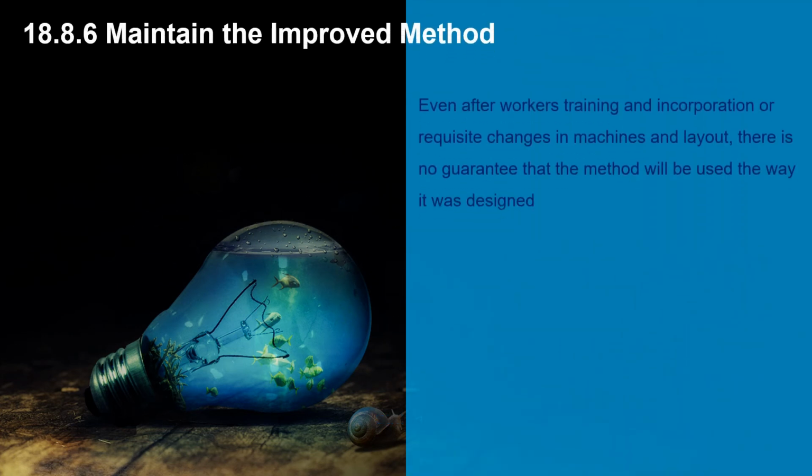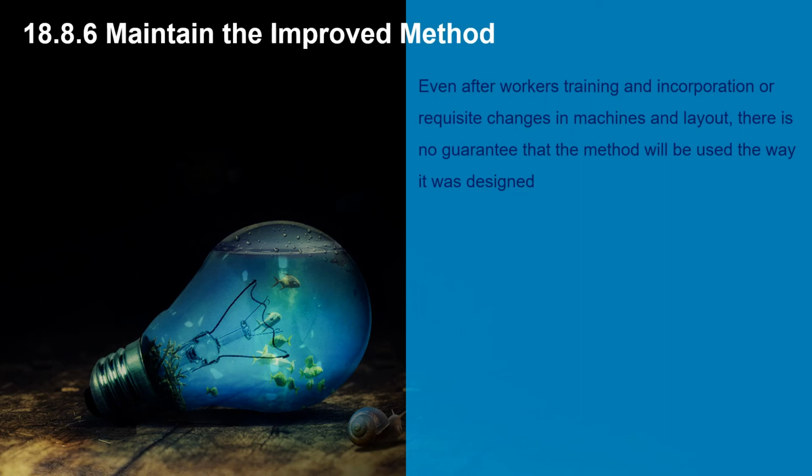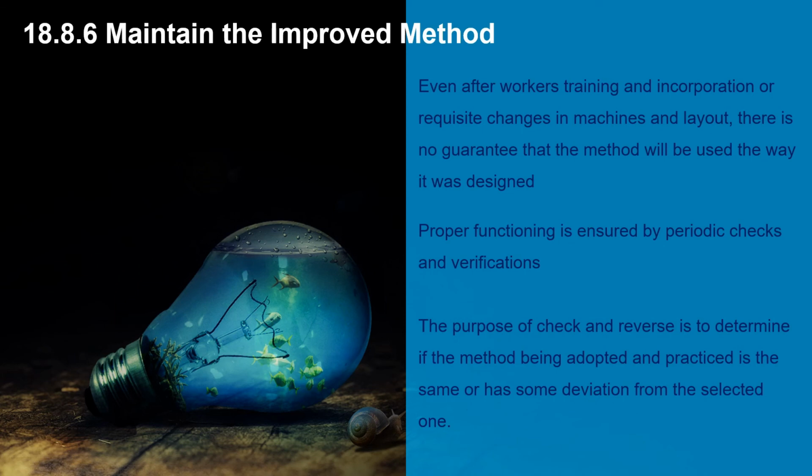Then maintain the improved method. Even after workers' training and incorporation of requisite changes in machines and layout, there is no guarantee that the method will be used the way it was designed. Proper functioning is ensured by periodic checks and verification. The purpose of this check and review is to determine if the method being adopted and practiced is the same as the selected one or has deviations from it.